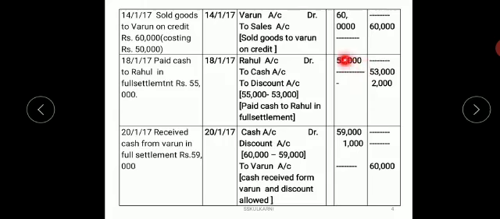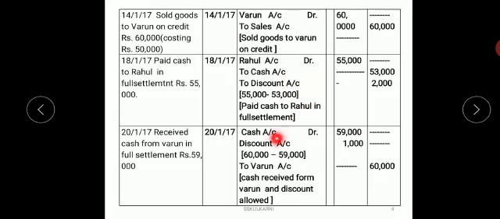Now if we see the debit side and credit side, they are not matching because there is a difference of 2,000. So this amount of 2,000 is treated as discount earned. So it is to discount account 2,000. So whenever discount comes on the credit side, it is treated as discount earned because it's a gain. We are not going to pay, it's a gain, so it comes on the credit side.